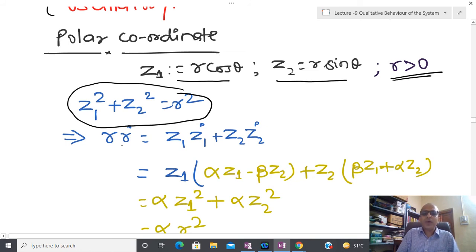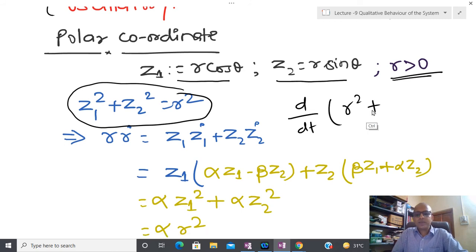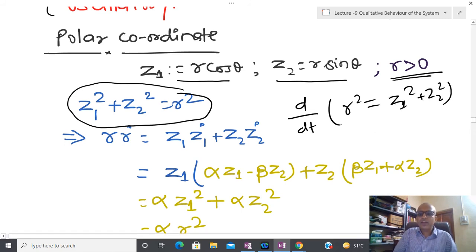Okay, now you can take the differentiation on both sides. Suppose I want to calculate d by dt of r squared, equal to z1 squared plus z2 squared. You can see here I am calculating d by dt, but r is also a function of time, and z1 and z2 are also functions of time.